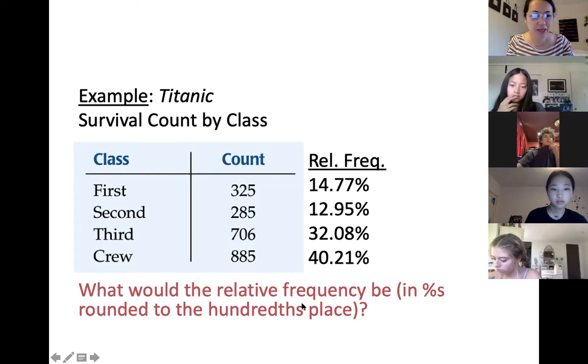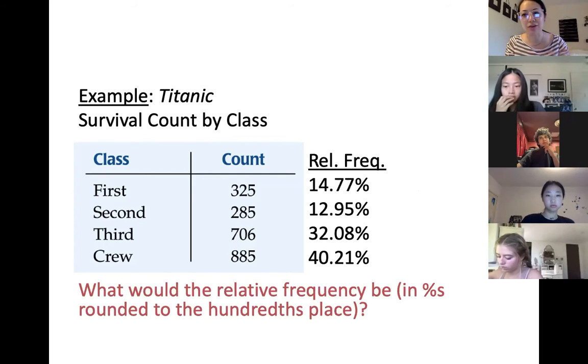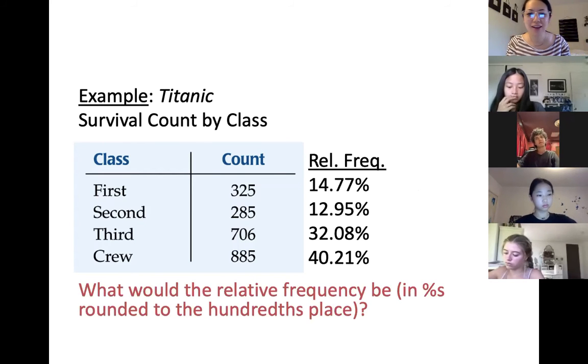Because in the directions, it says in percents to the hundredths place. Oh yeah. Okay. I'll be very specific with directions. That way, everybody has the same. All right. Good job. Okay. So that's frequency, which is counts, and then the relative frequency is percent. So if you're asked for relative frequency, go ahead and give those percents for that. All right. Any questions?